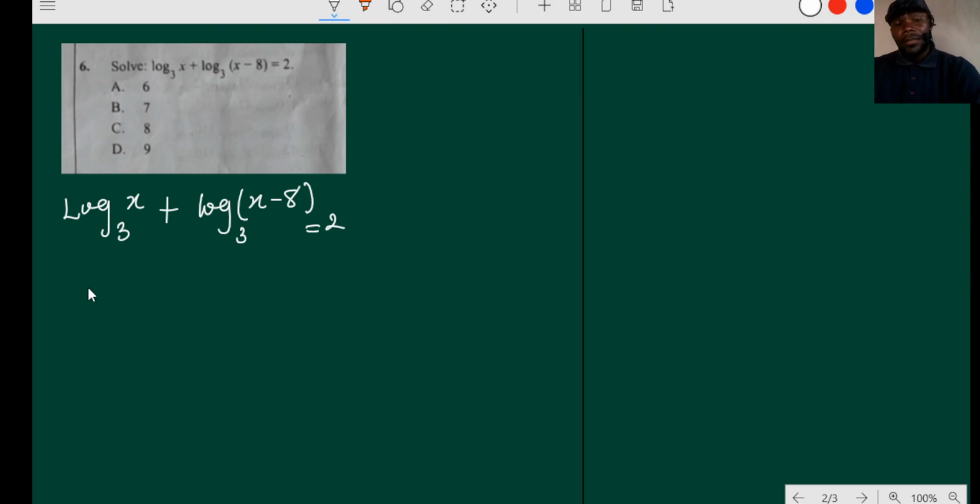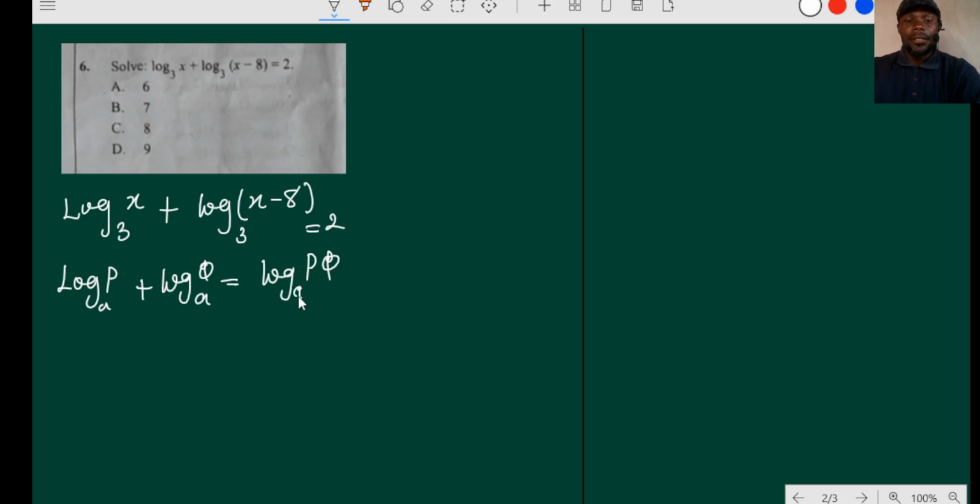So we go back to the law of logarithms, which says log p base a plus log q base a is the same thing as log pq base a. So we now have log x bracket x minus 8 base 3 is equal to 2.